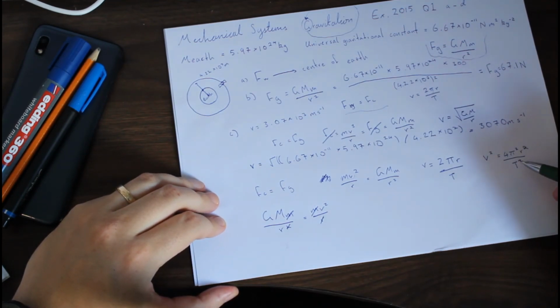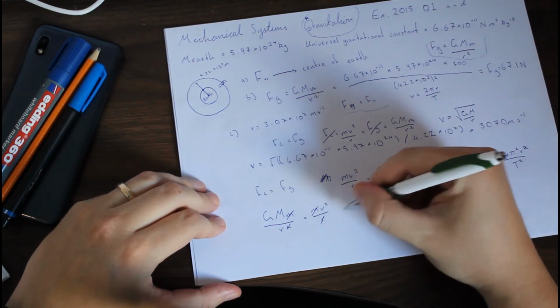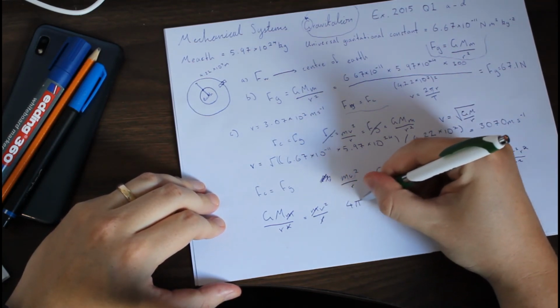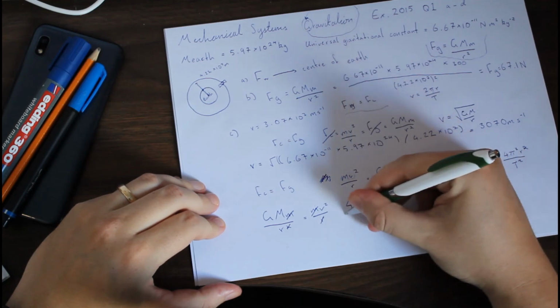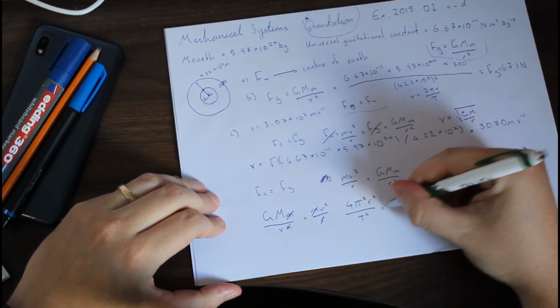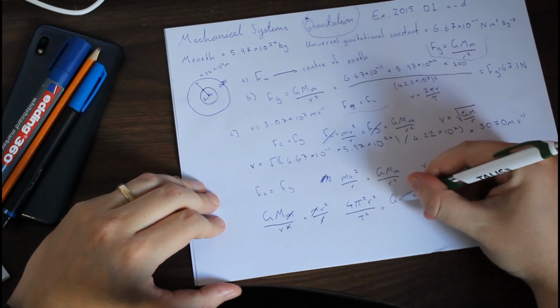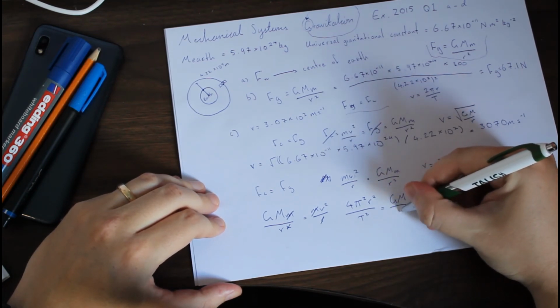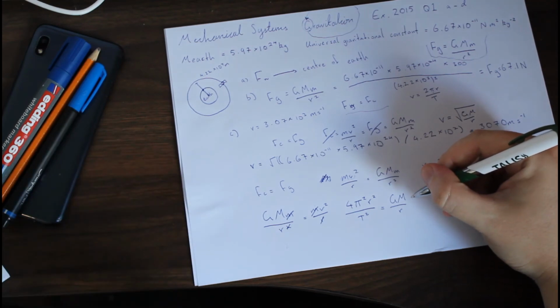Okay, so we can say now that 4 pi squared R squared over T squared equals GM over R. Okay, so what are we going to do?